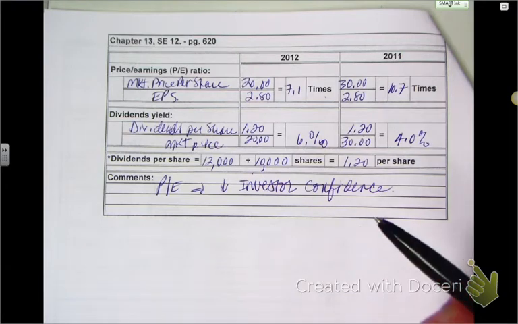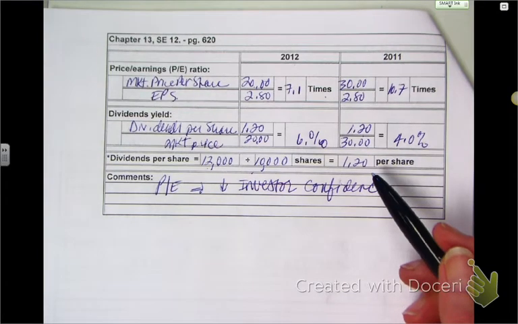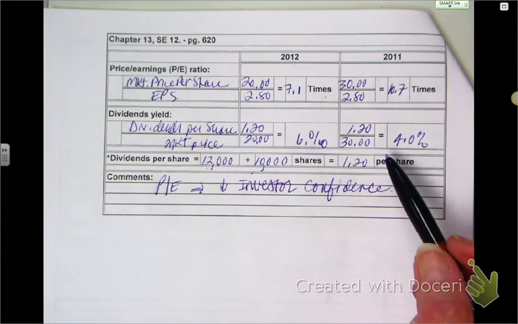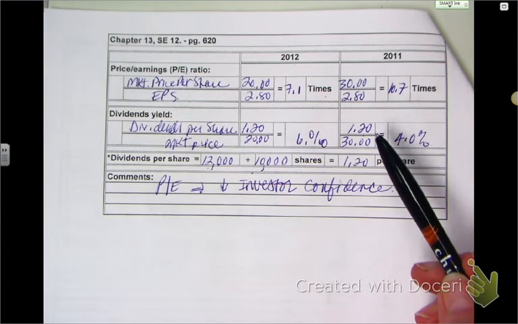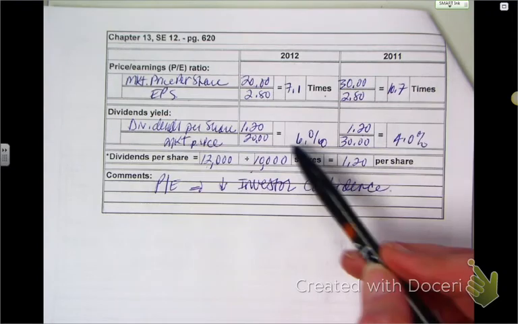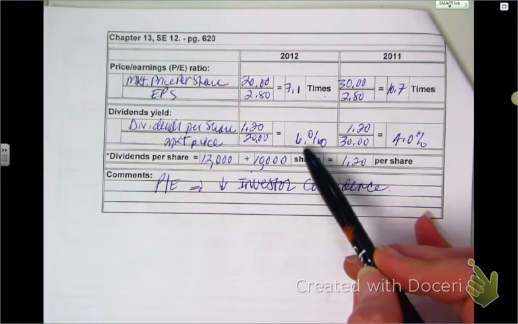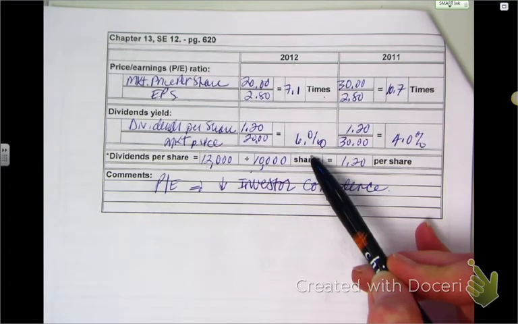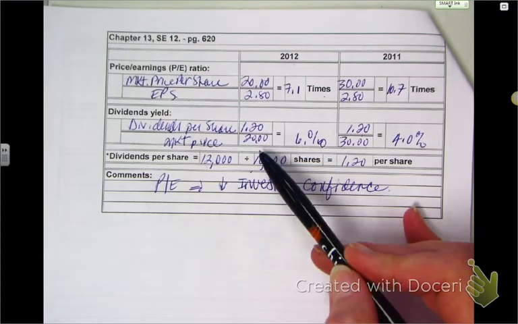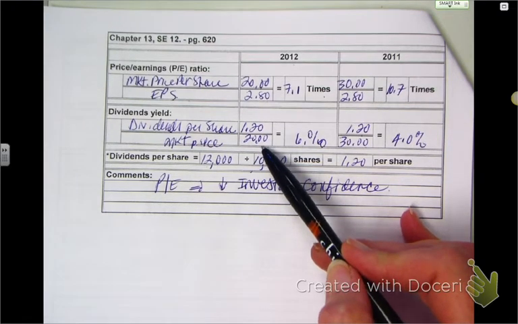And then we look at the dividend yield, it increased as a result of the drop in the market price. So because the market price dropped, this seems to be looking better, but it's really because the market price dropped a little bit.